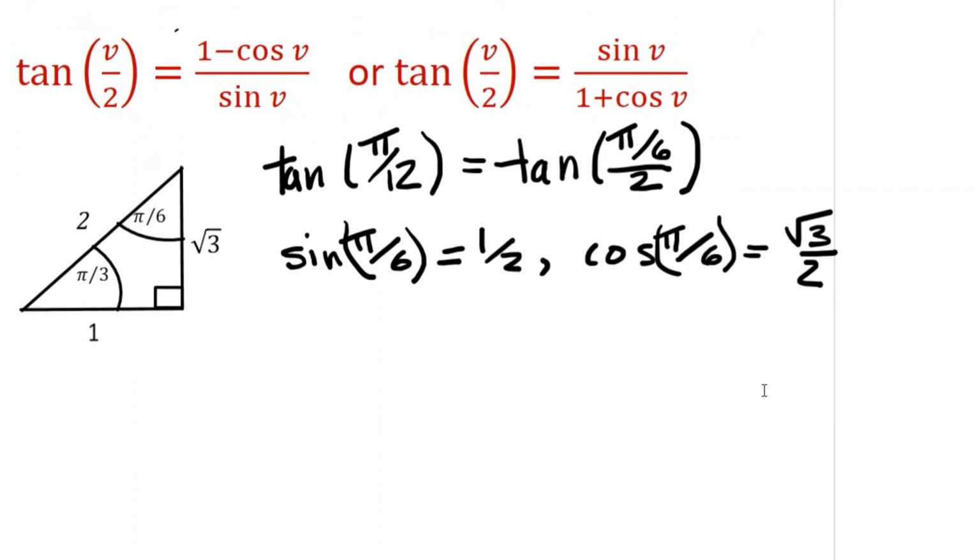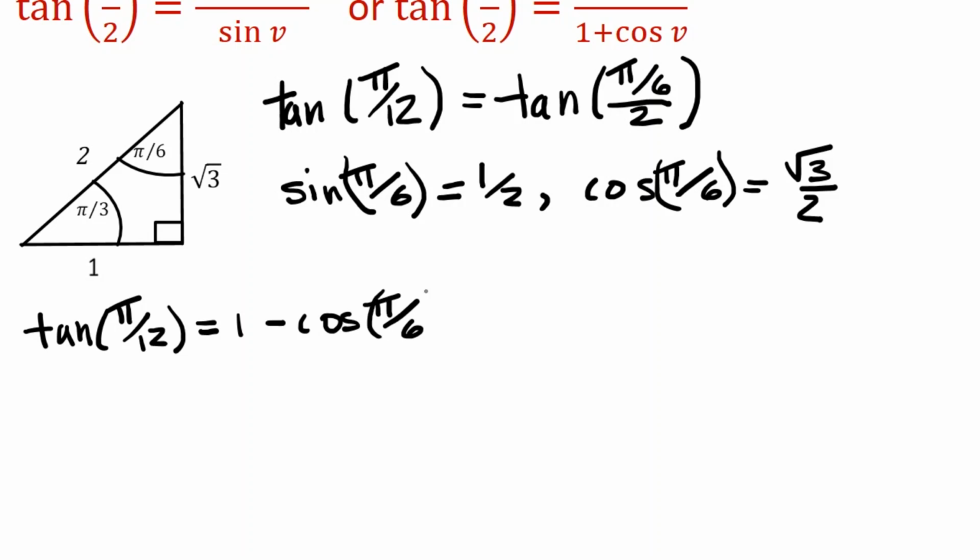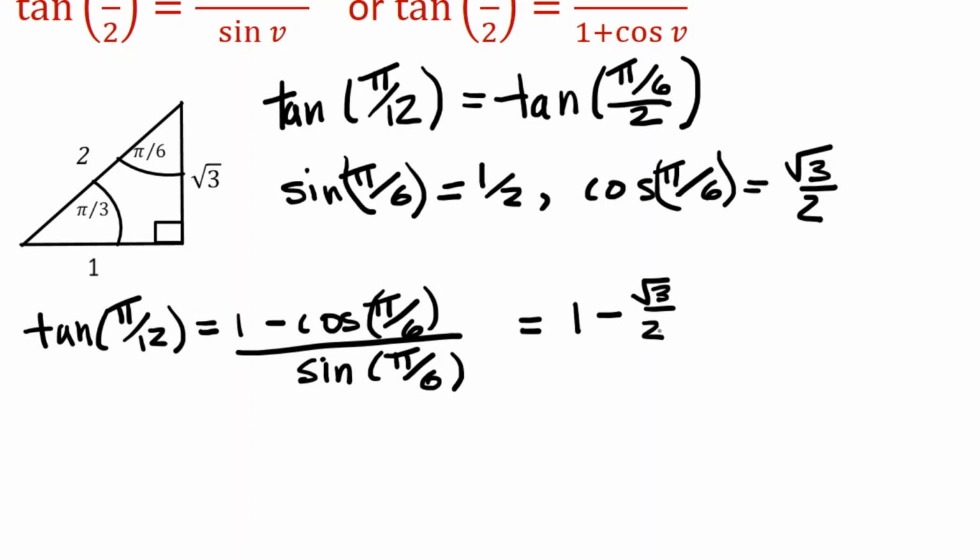And now I'm going to use each one of these formulas and show you that they are exactly the same. So the tangent of pi over 12, well, let's use the first one first. So 1 minus the cosine of pi over 6, all divided by the sine of pi over 6. And that's going to be 1 minus the square root of 3 over 2, all divided by 1/2.